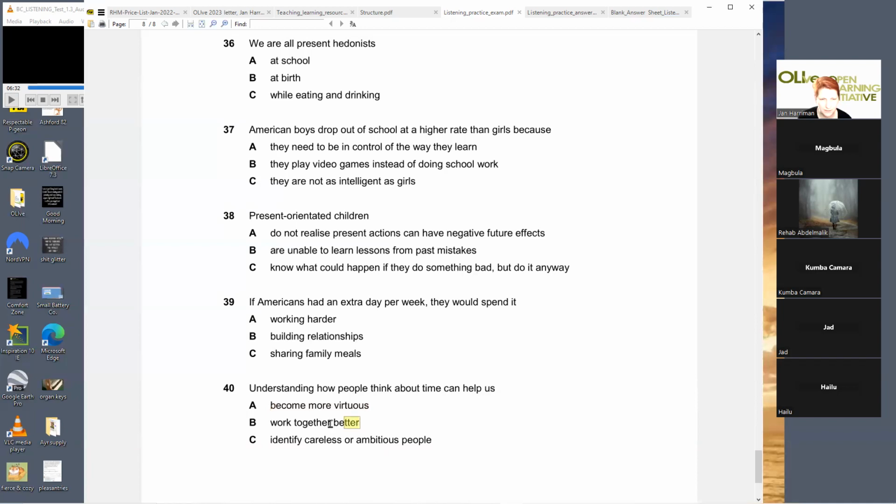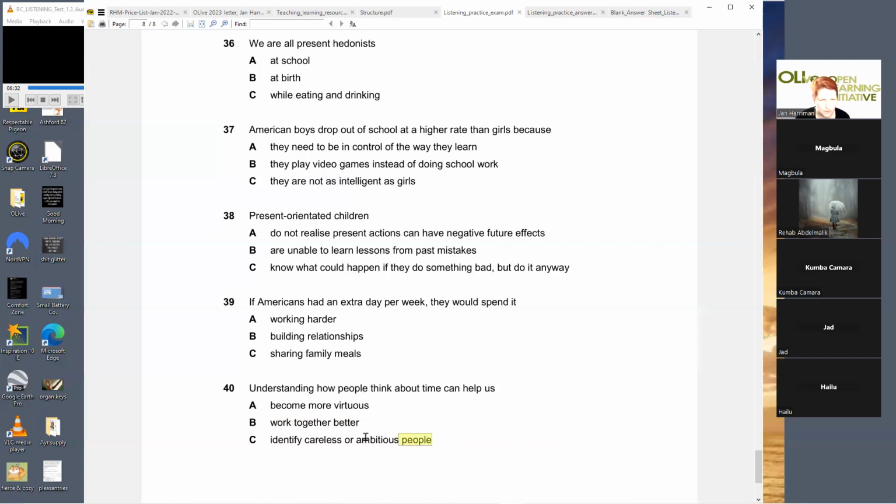Work together better. So collaborate is a good word for working together. Other things that mean working together: collaborate, work in groups. Oh gosh, there's a word I'm thinking of, but I can't come up with it. Team. Yeah. All right.